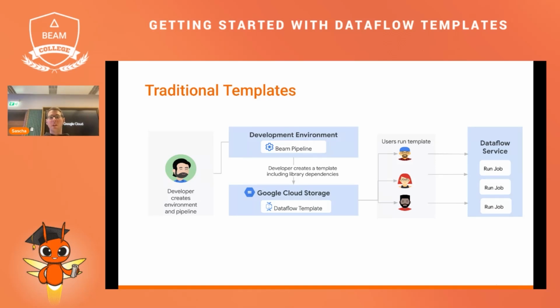People are then able to refer to the template and use the template whenever they need it. So they are able to specify their own parameters and start the pipelines individually.